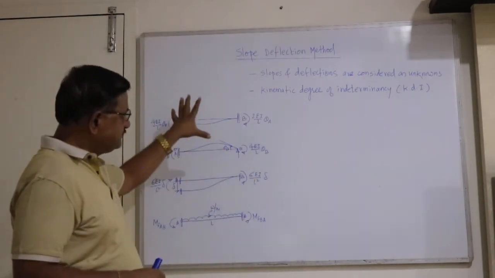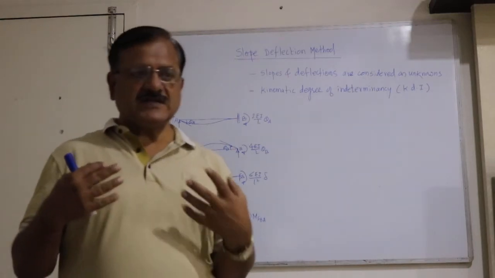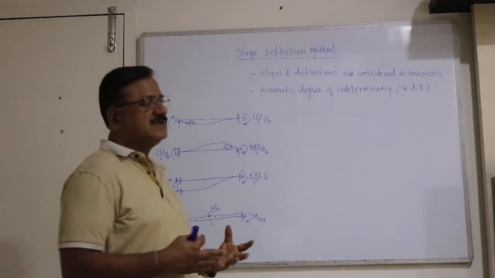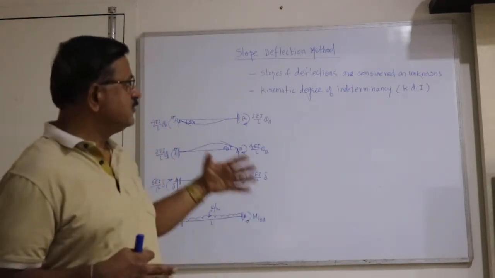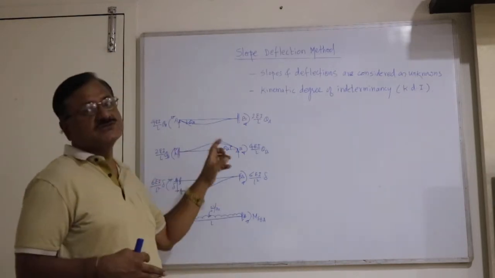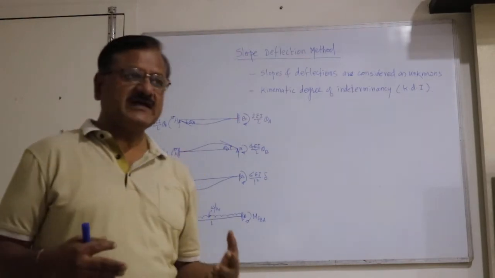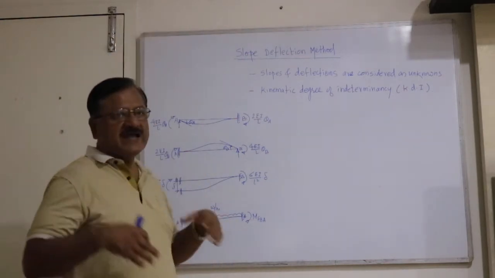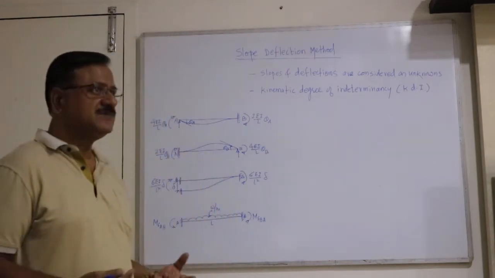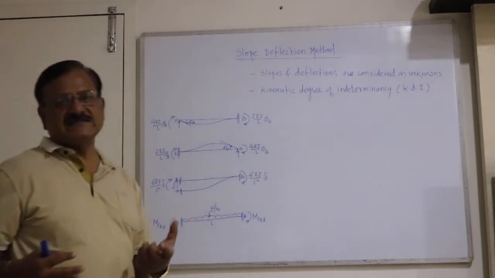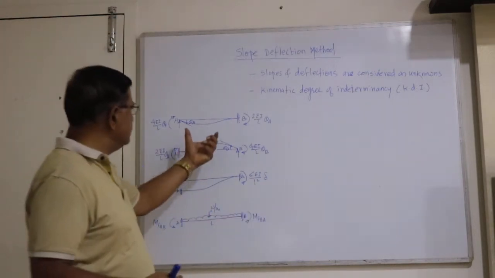Now, before we start to solve the problems, see how the slope deflection equations are to be developed. These slope deflection equations are used to find the final end moments at the ends of any member. Suppose we have a continuous beam, or we consider one span, an intermediate span of a continuous beam, say AB.